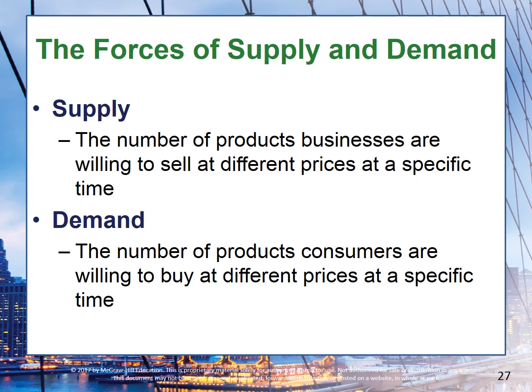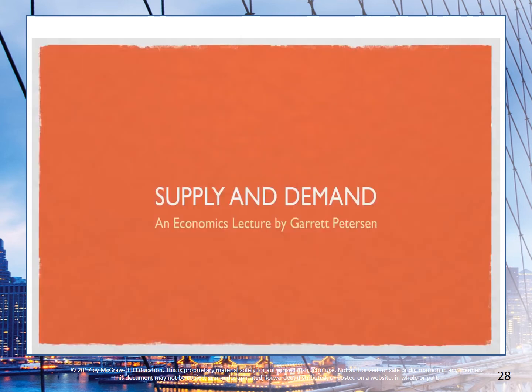So Walgreens, the demand has gone down, so they're going to sell that $10 bottle of suntan lotion maybe 3 for $10. So I can get it at a cheaper price. Again, watch this quick video on the next slide, and it'll give you an overview of supply and demand.